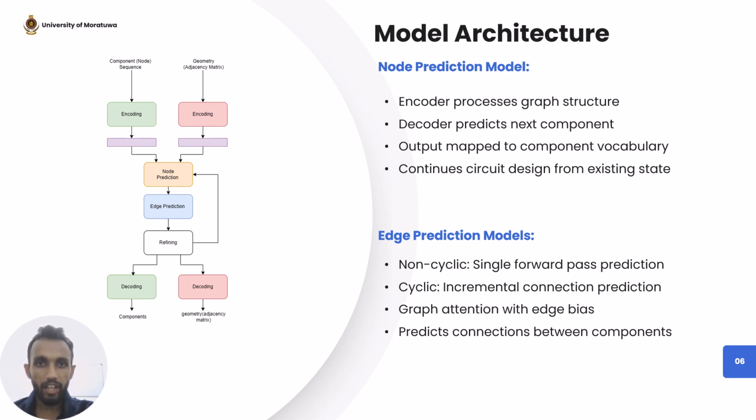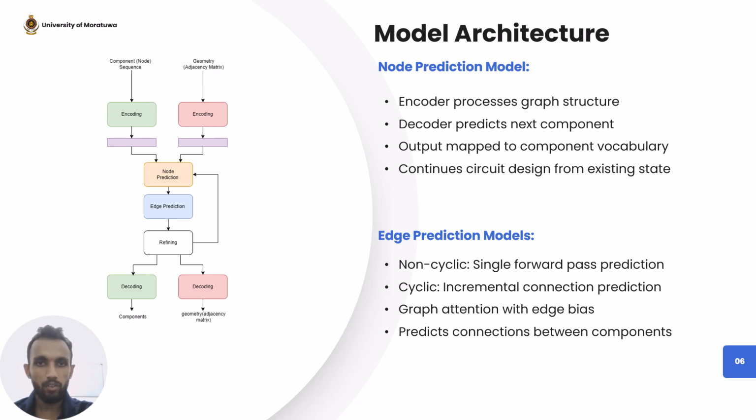Next comes the edge prediction model, which decides how the newly predicted component connects to the rest of the circuit. This can be done in two ways. Non-cyclic, where all connections are predicted in a single forward pass, or cyclic, which adds connections incrementally. The edge prediction uses a graph attention mechanism enhanced with an edge bias to accurately identify which components should be connected.